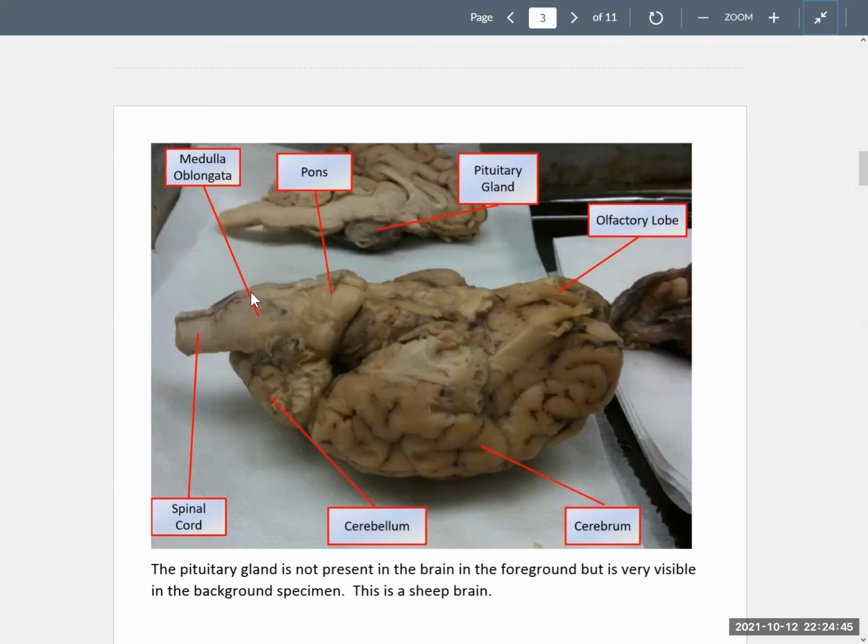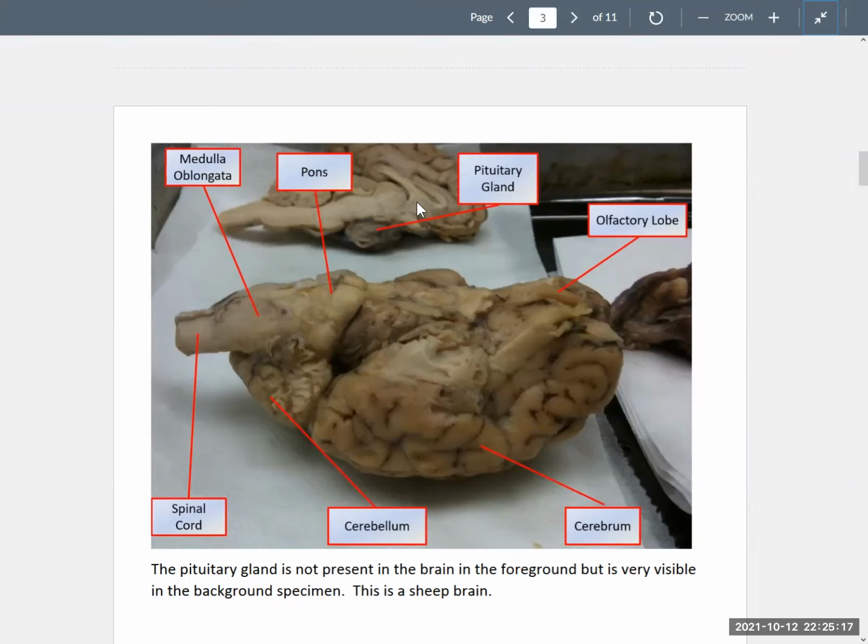Come forward to this bump. It's the medulla oblongata. Medulla oblongata sits under the cerebellum. When I say under, you got to flip this over because it's upside down right now. And then these two rounded projections at the top are the pons. You'll see in just a second, I'll be giving you functions for all of these.